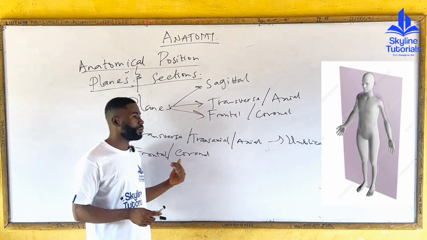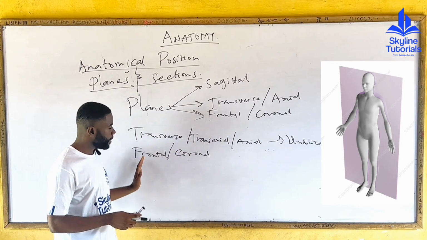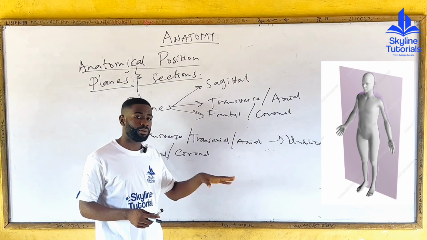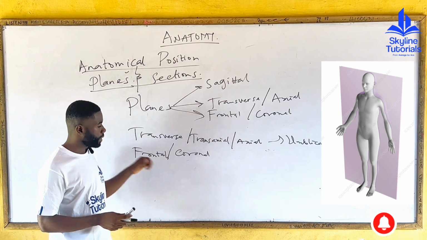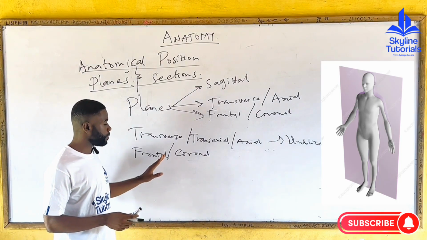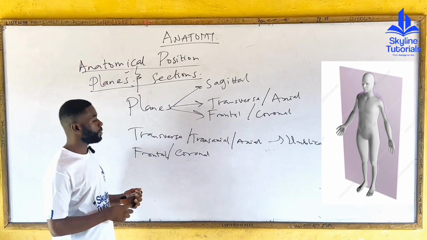The line is drawn sideways, okay? Divides the two ears, and then we would have the anterior and the posterior. There's also an image on your screen that displays the exactitude of a frontal or coronal plane. Let's take note of that.